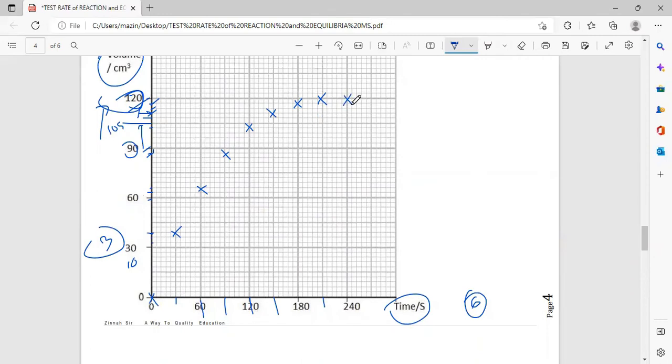Students, I hope you understand clearly how to plot them. The first thing is you need to estimate the value for every unit, then you put the value. So here should be a best fit line. This is not okay.